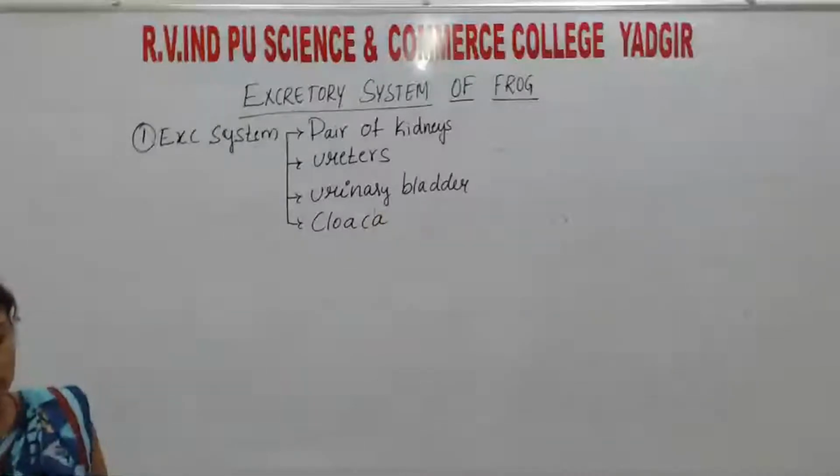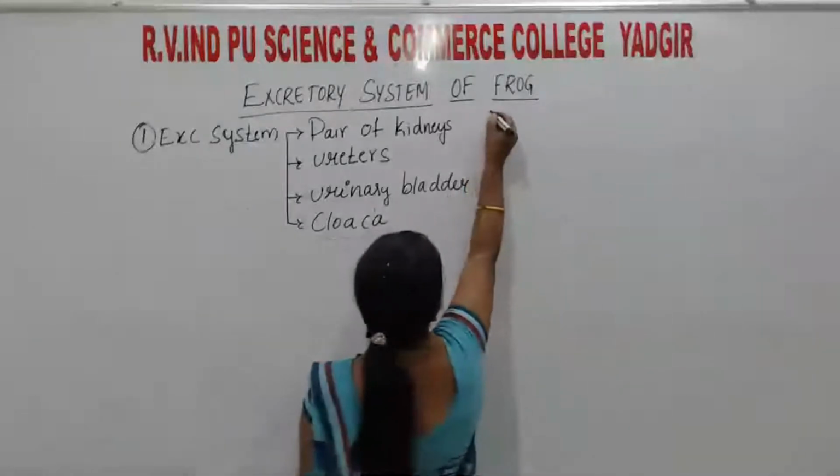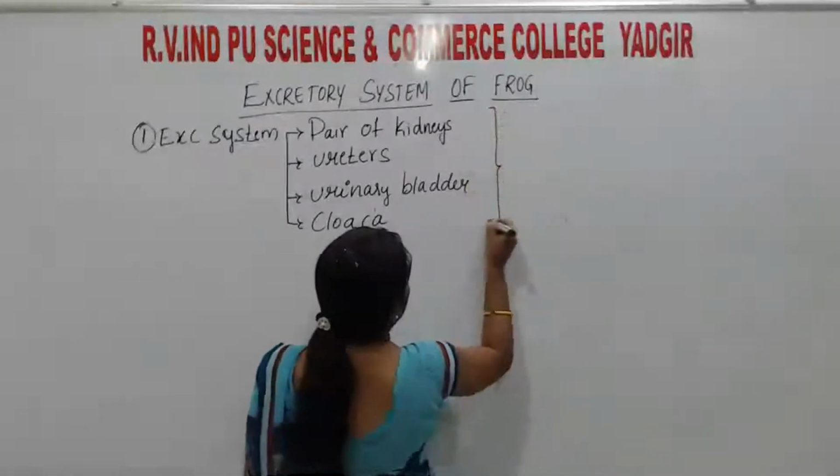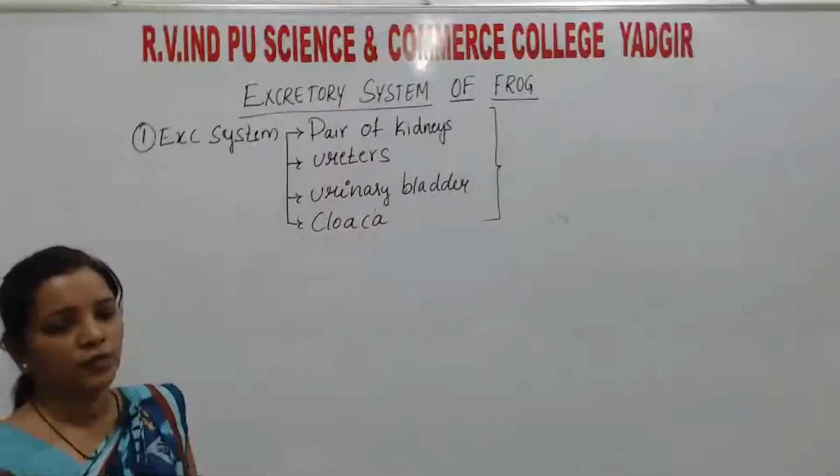Okay, these are the parts present in the excretory system of the frog.